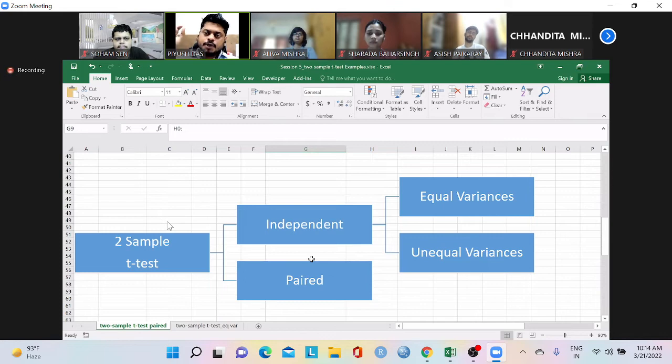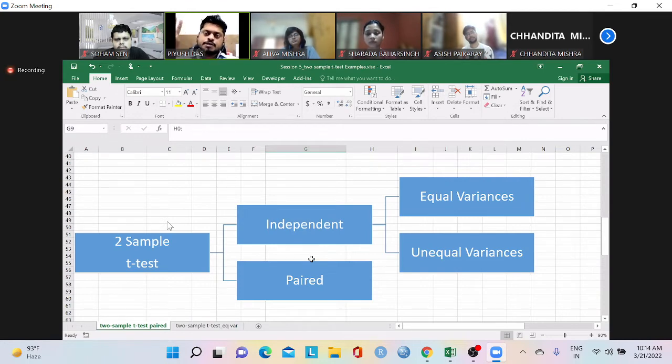Paired means that for the same respondent I have two pieces of information: the blood sugar level before and after breakfast. In any statistics textbook, this paired t-test is mostly used in healthcare or scientific research. For the same respondent, what was the cholesterol level before taking medicine, and what was it after? That becomes a paired t-test.